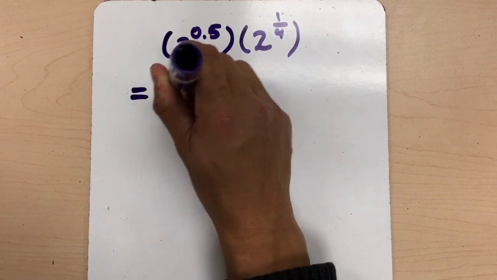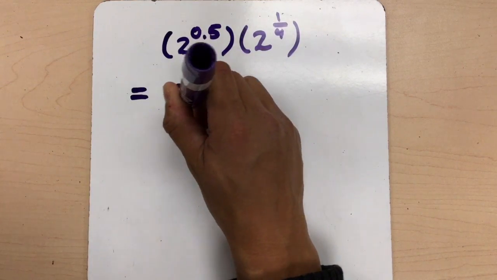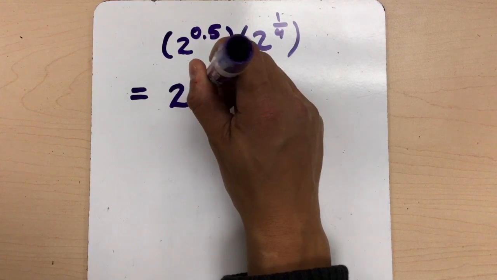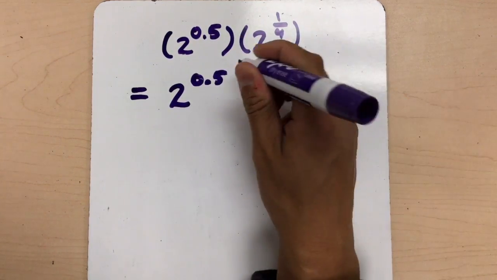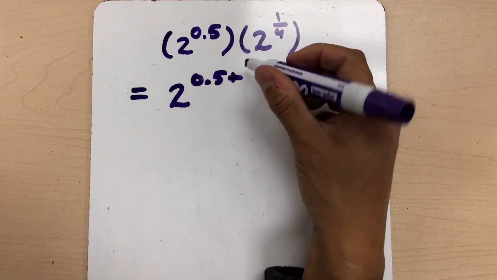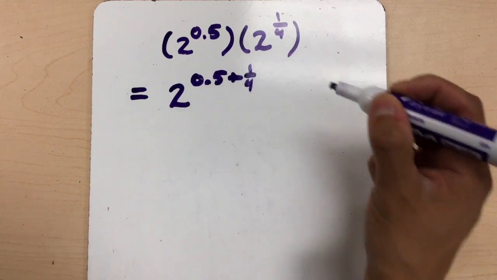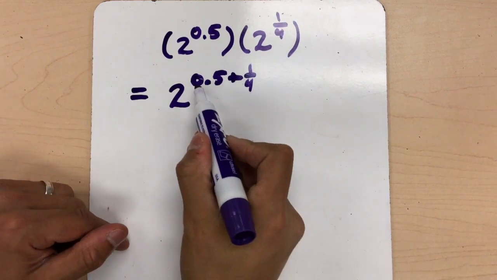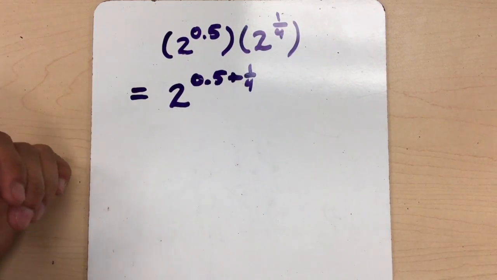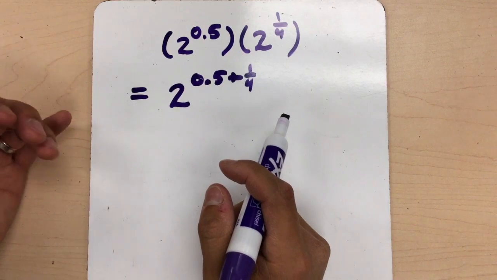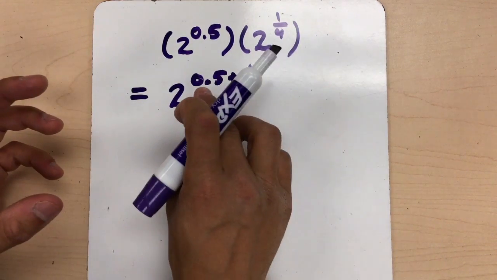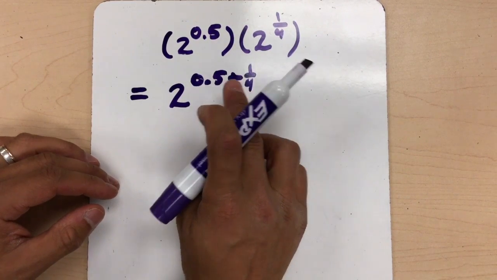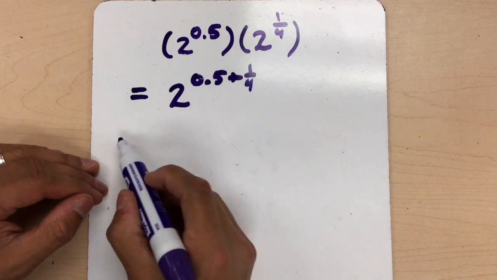Now, remember with product of powers, when I have the same base, I can combine my exponents by adding them. So this becomes 0.5 plus 1/4. Now you're looking at this and there's two different forms of numbers here. We're working with decimals and fractions. So what we need to do is convert one of these to either a decimal or convert this one to a fraction.